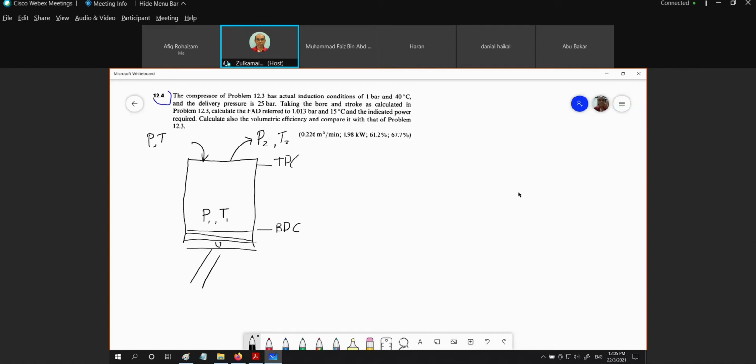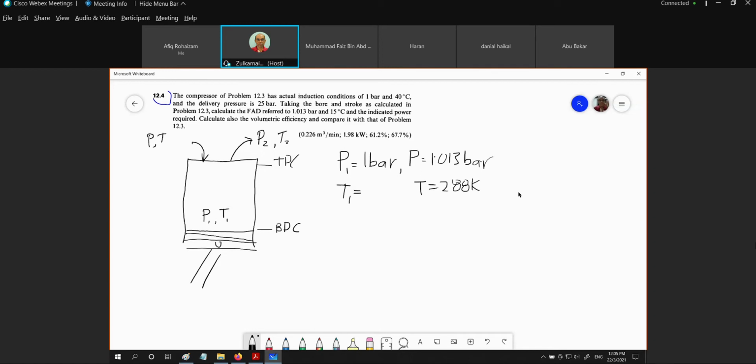So right now, what is given right here, the 1 bar is P1. And our P is equal to 1.013 bar. Our T is equal to 288 Kelvin.